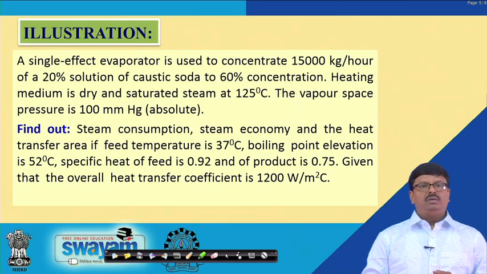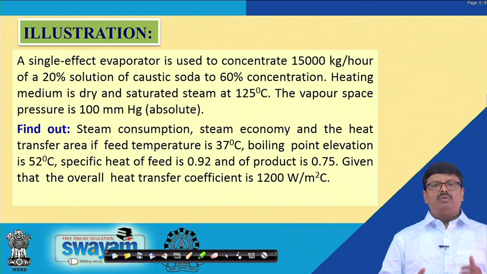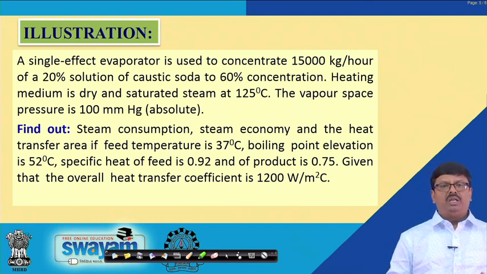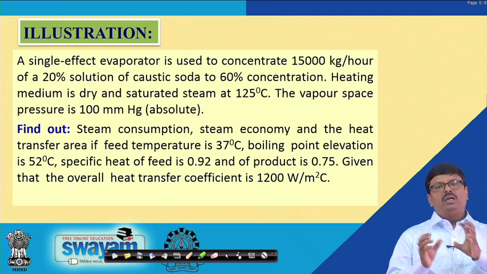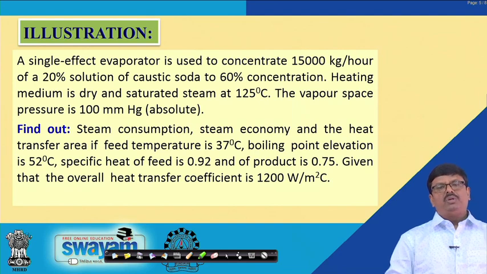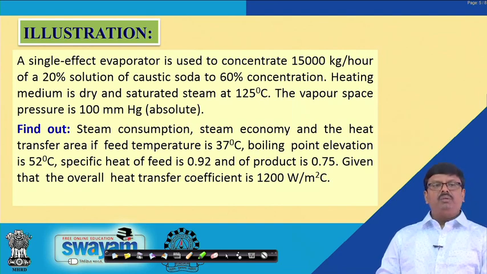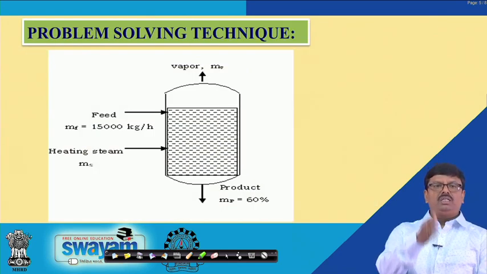So, this is the illustration by which we can understand how to calculate the overall heat transfer coefficient, heat transfer area, and how the consideration of different pressures and the amounts of liquid water getting fed into this evaporation chamber. This is an example of a single effect evaporator.